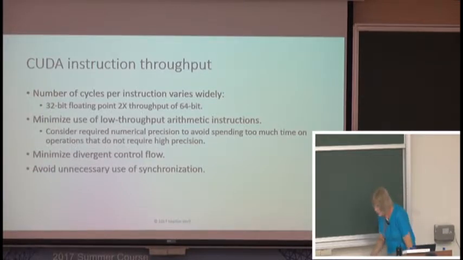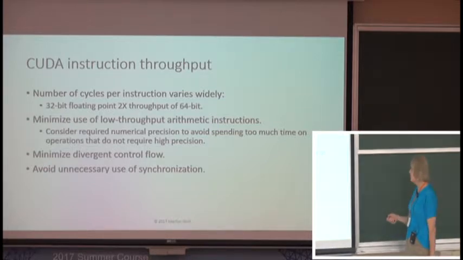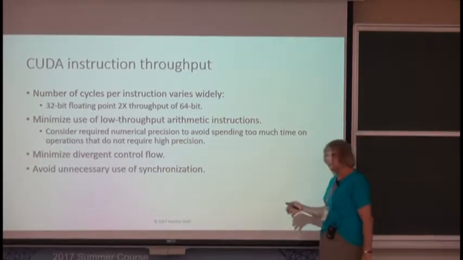Remember that the number of cycles per instruction can vary widely. As a simple example, doing 32-bit floating point means you can do twice the number of operations in a given amount of time as with a 64-bit floating point. So we're used to thinking of RISC processors.